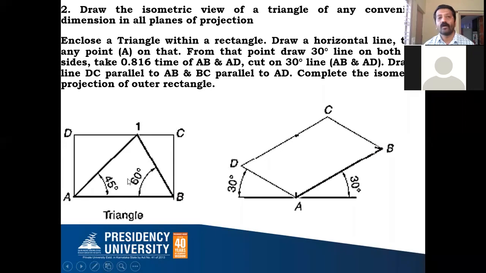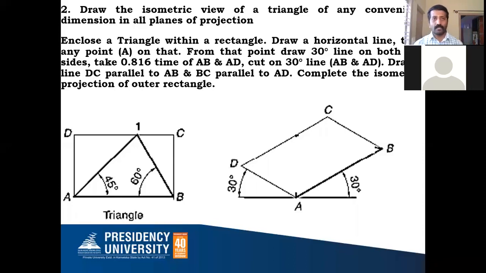This is the outer rectangle of your triangular lamina. This is how we enclose it. I'll call the outer rectangle ABCD, and the triangle is AB and 1. This is the naming I have given for my convenience; you can give your own names.